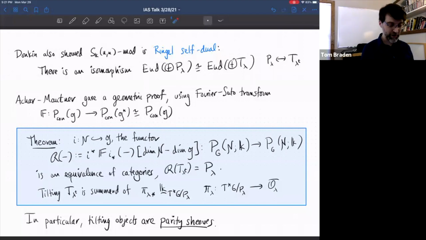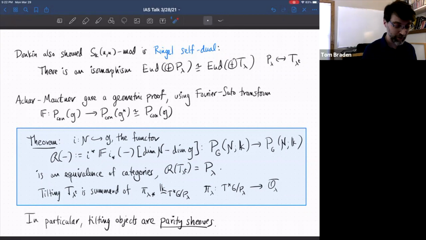So you get a functor that takes perverse sheaves on g to perverse sheaves on g, and Achar and Mautner consider the functor which is: take a perverse sheaf on the nilcone, push it into g, take the Fourier transform, and then restrict back again, with a shift to preserve perversity. And the first thing is that this is t-exact.